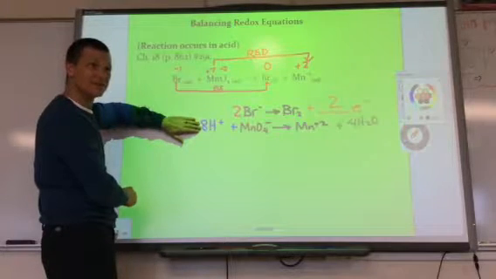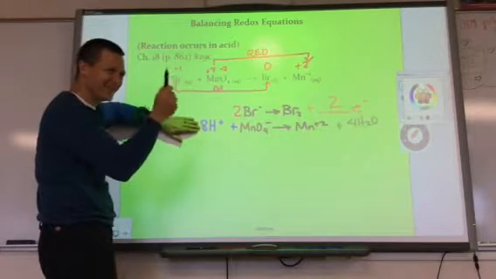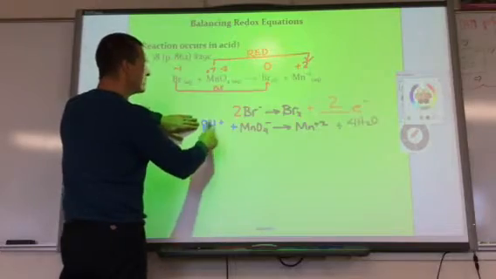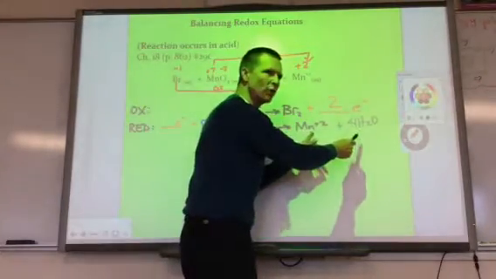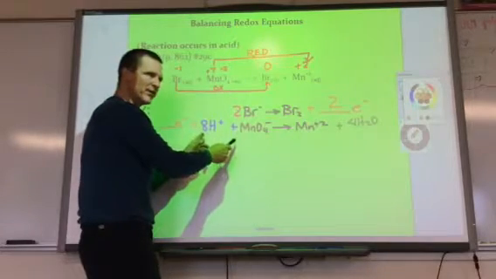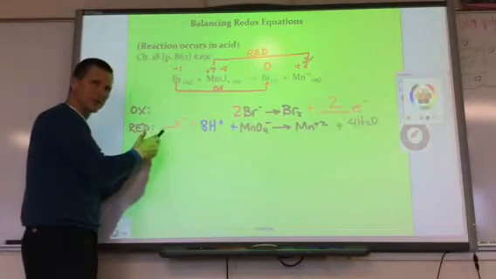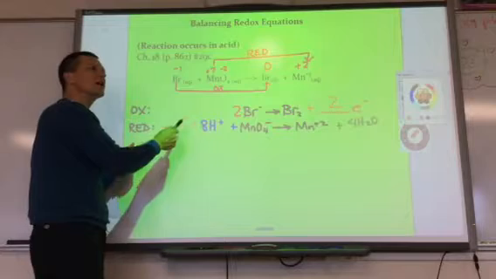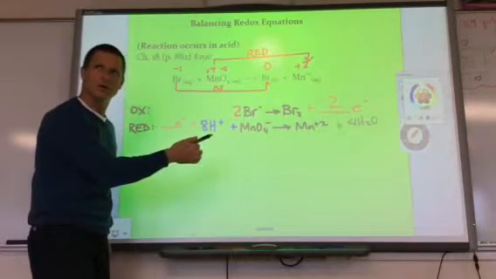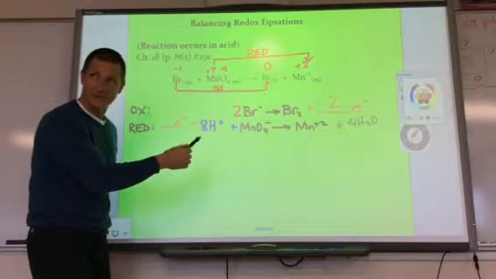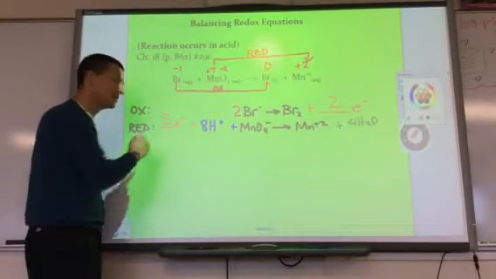Yeah, you can see that: +8 and -1 is +7. So the right side is +2. The left side is +7. And I know I'm going to have to add electrons to the left side. So how many electrons would I add to +7 to bring it down to +2? 5. We need to add 5 electrons.